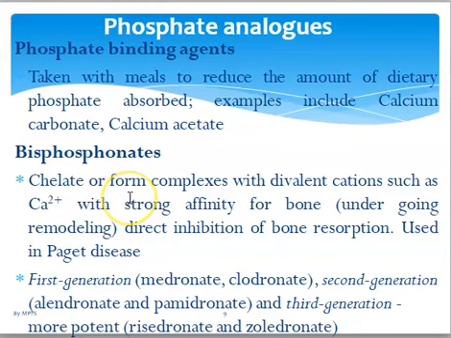Remember, most of these ions go hand in hand. Examples: first generation, etidronate, up to the third generation, risedronate. You can refer to them later on, or in textbooks which you have.